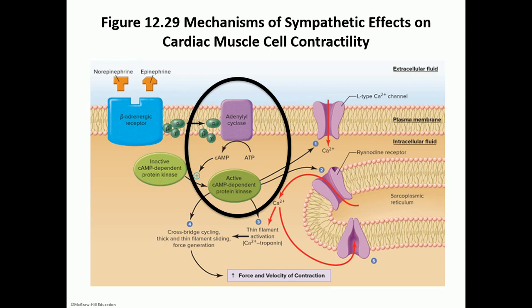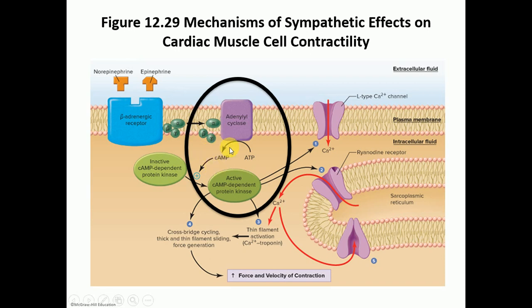So how is it that the sympathetic nervous system has an effect on our cardiac muscle fibers? It's all due to the effect on the adenylyl cyclase enzyme. Remember, when norepinephrine and epinephrine attach to the beta adrenergic receptors, they activate adenylyl cyclase, and that leads to the increase of intracellular cAMP, or cyclic AMP.